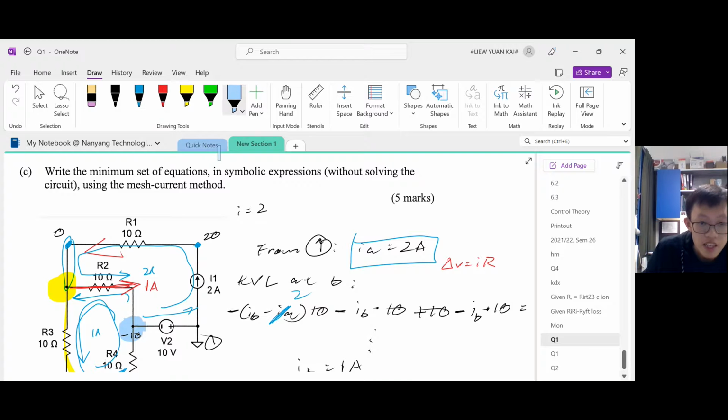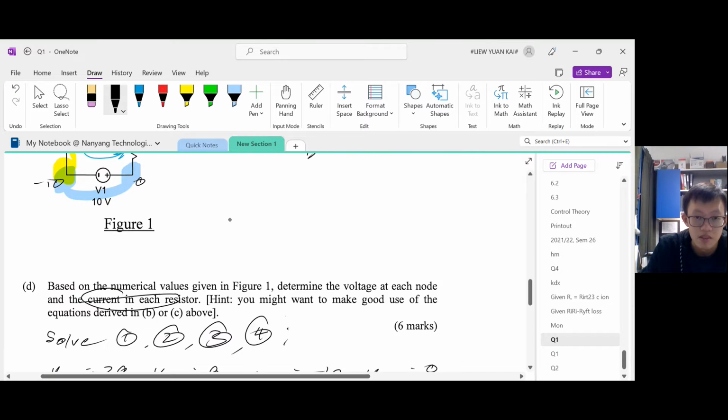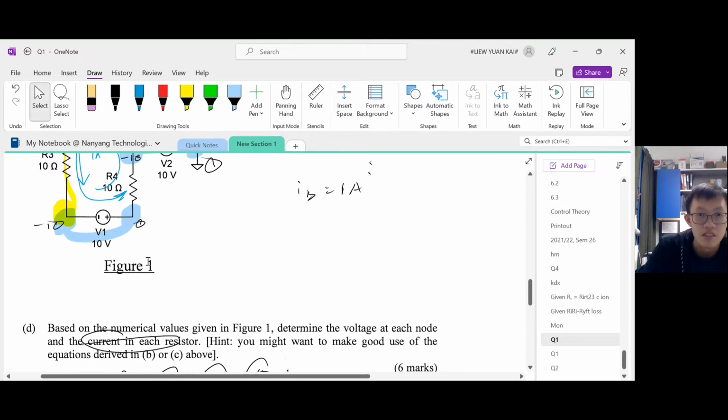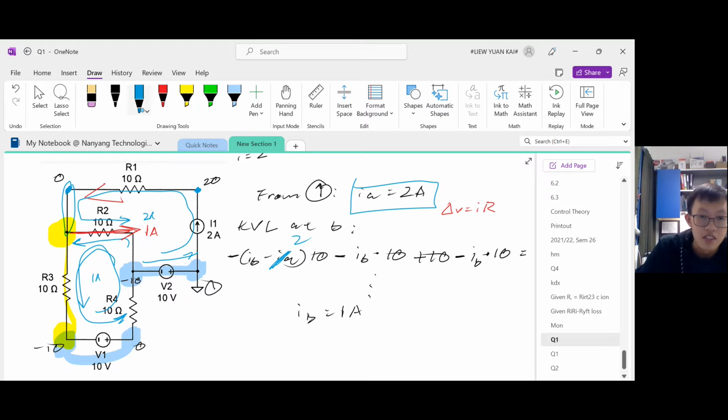It starts from -10 and ends at 0. -10 minus 0 is the delta V. So the current is 2 times -10 minus 0, which is -20. Then lastly, we have the current source. The current direction follows the arrow, so this way. It starts at 0 and ends at 20. V start minus V end is 0 minus 20.